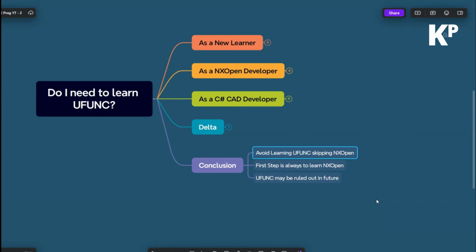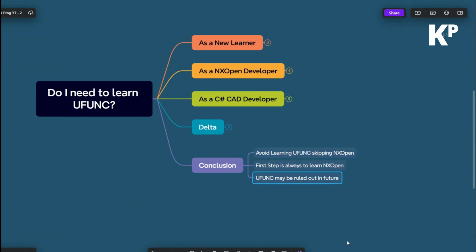If you are thinking that you will skip NXOpen and learn UFUNC, then avoid doing this. Okay. Second important thing to note, your first step is always to learn NXOpen. If you are not aware about NXOpen at all, you shall definitely ignore UFUNC till that point of time.